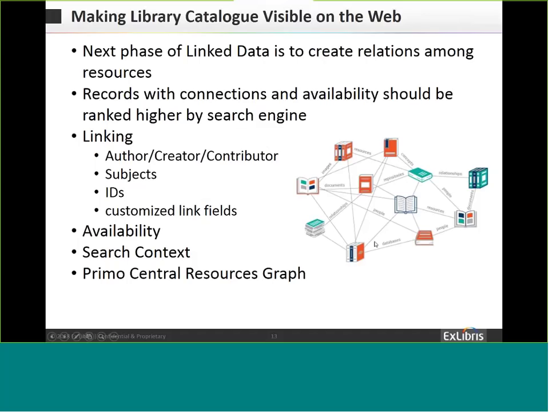So the more linked data that you have, and the more we are able to expose it through schema.org, the more it will create this graph that we are talking about. We are also considering having availability data there.